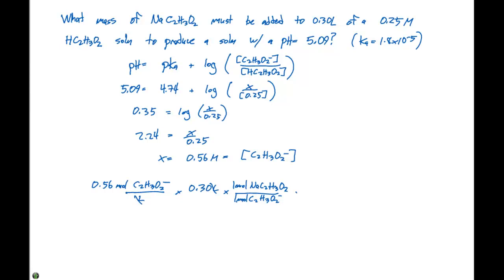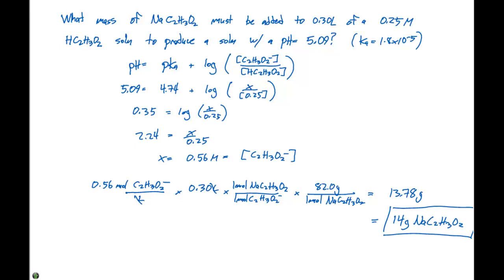And if we look at the periodic table, 1 mole of NaC2H3O2 is equal to 82.0 grams. When we multiply all this out together, we get 13.78 grams, which, to two significant figures, is 14 grams of NaC2H3O2.